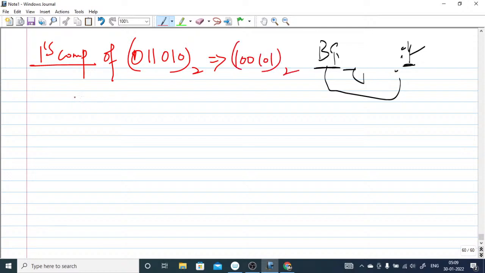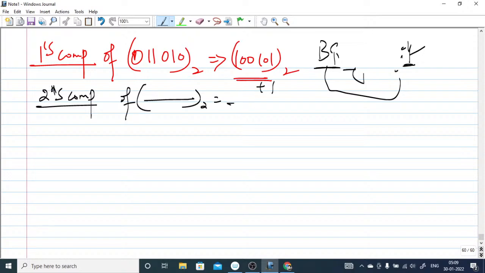Now if you want to find the 2's complement, just add 1 to this. So you will get 1 0 0 1 1 0. This is the 2's complement of this.